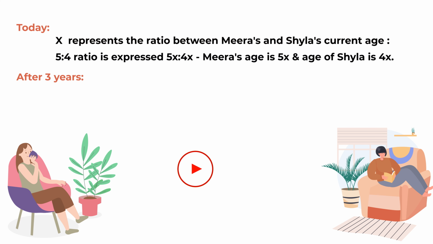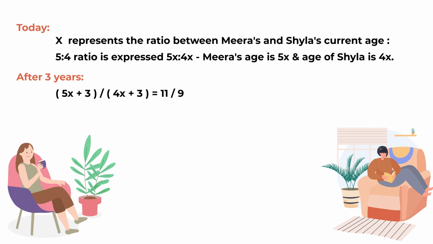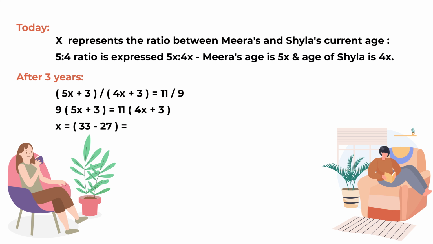In this equation, we will have (5x + 3) divided by (4x + 3), which would be equal to 11/9. After simplification, we will have 9 multiplied in parentheses (5x + 3) equal 11 multiplied in parentheses (4x + 3), which means that the x will be equal 33 minus 27, which would be equal to 6.